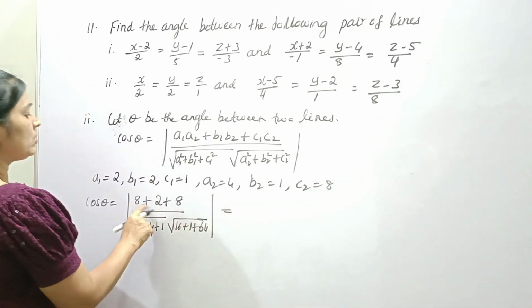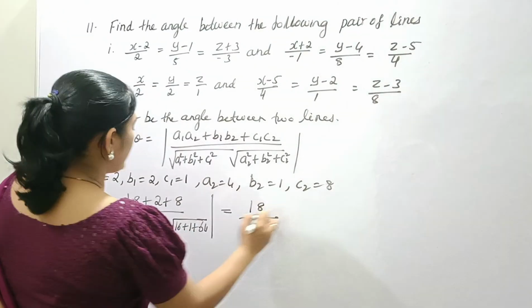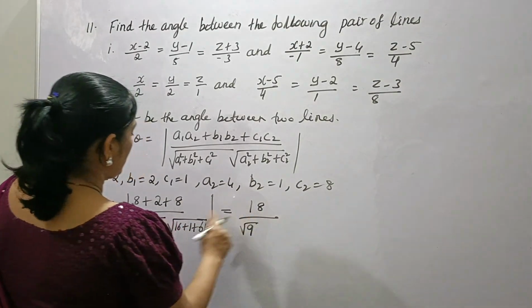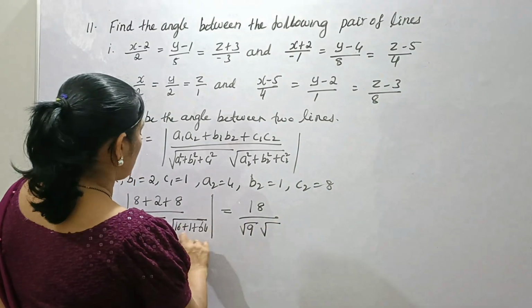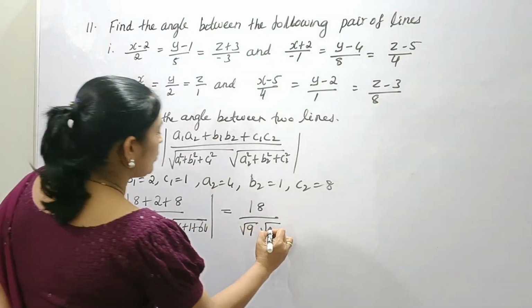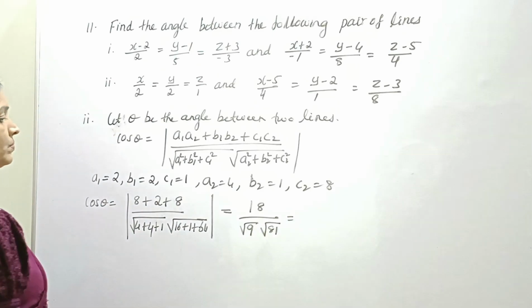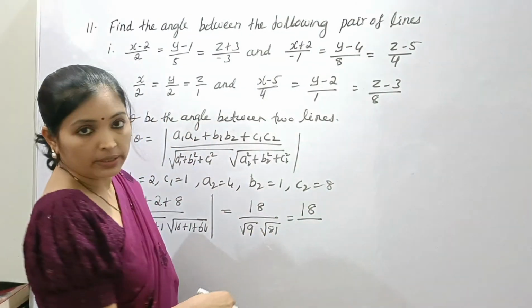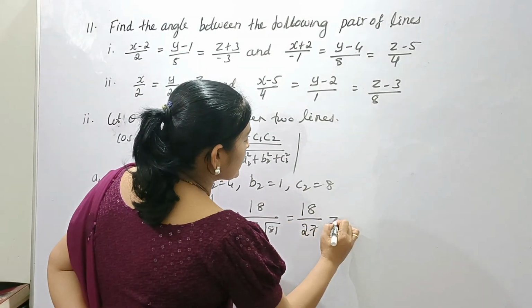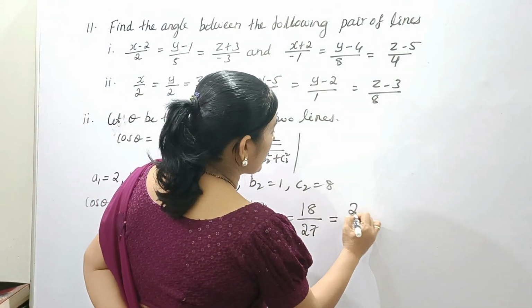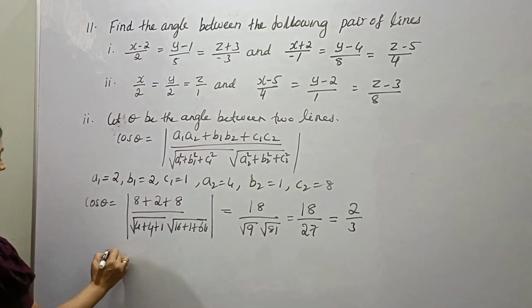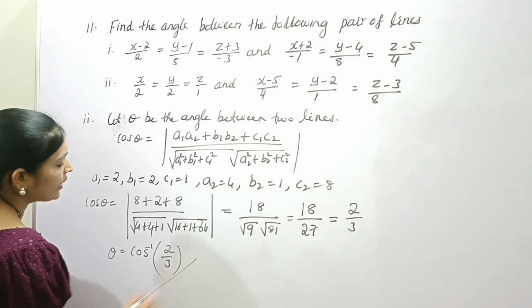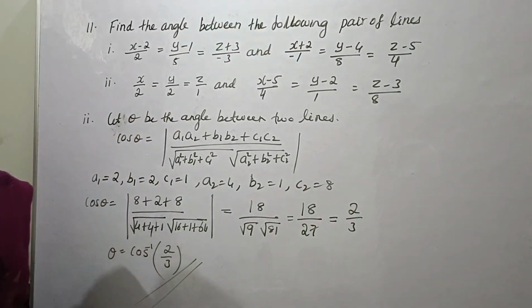That is equal to 18 divided by 9 root... 3 into 9, which is 27. That is equal to 2 by 3. Therefore, theta is equal to cos inverse of 2 by 3. So it is the angle between these two lines.